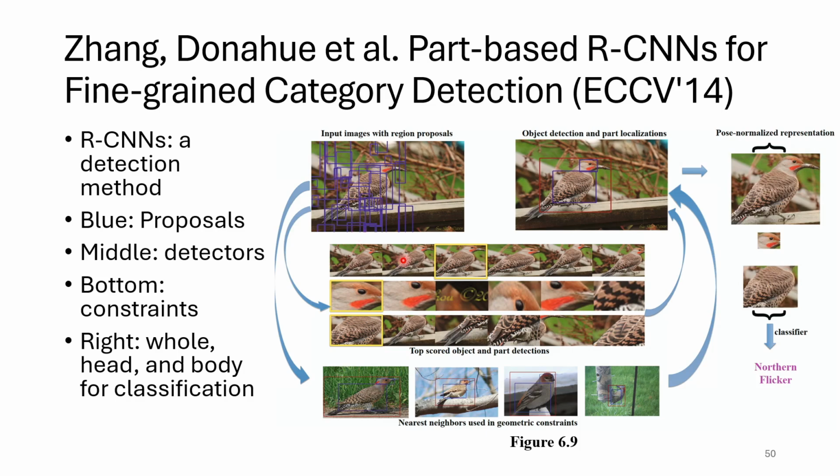So the first row is the whole body of the bird. And the second row is the head of the bird. From different proposals, they will crop different regions. And the third row is the body of the bird. But sometimes the proposal is not effective. For example, this one sees the background rather than the body of the bird.